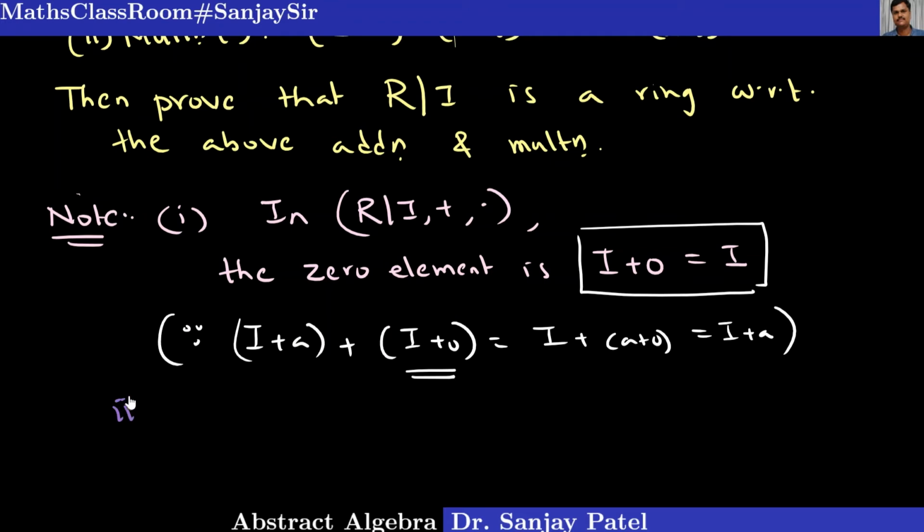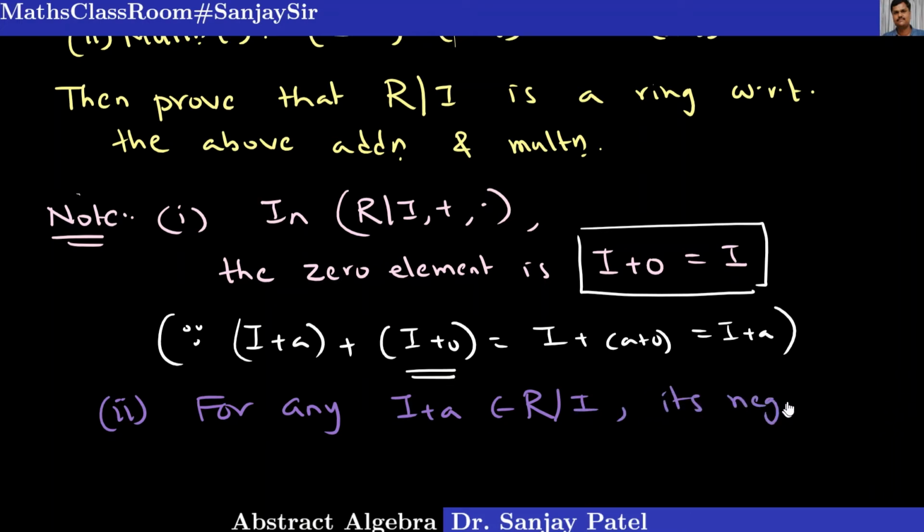Second thing, I want to mention that for any element I plus A belonging to the ring R mod I, its negative, or you can say additive inverse, that is negative of I plus A is I plus minus A. Okay.